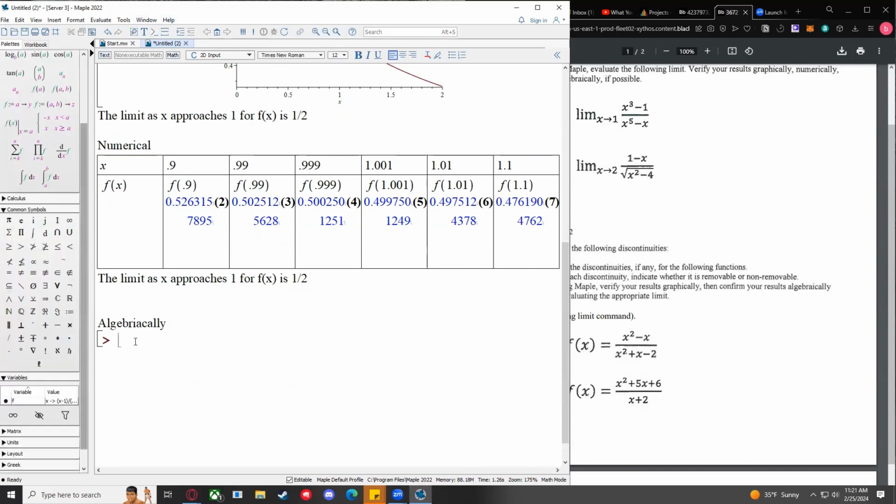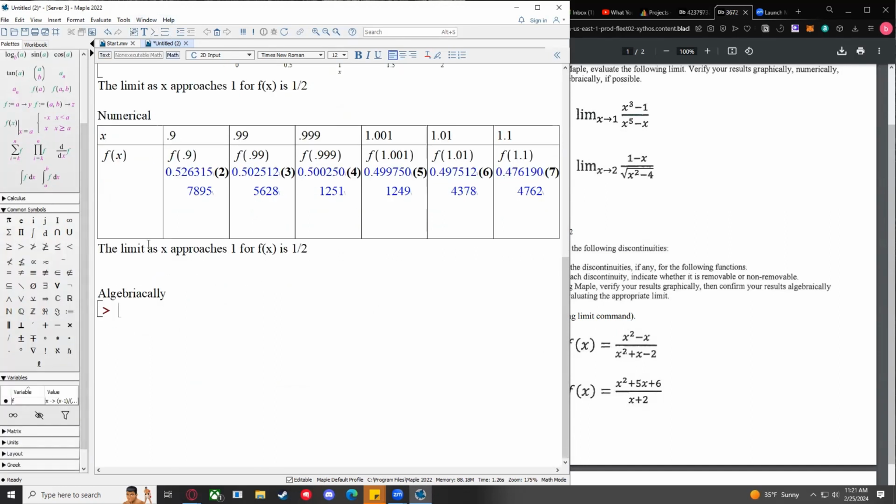For the algebraic approach, we're actually just using the command that Maple has built for limits. So in other words, when you use the limit command in Maple, Maple does any canceling, simplifying, all that good stuff, and then plugs in the number for you. So what we want to do is use the limit command to solve this problem.